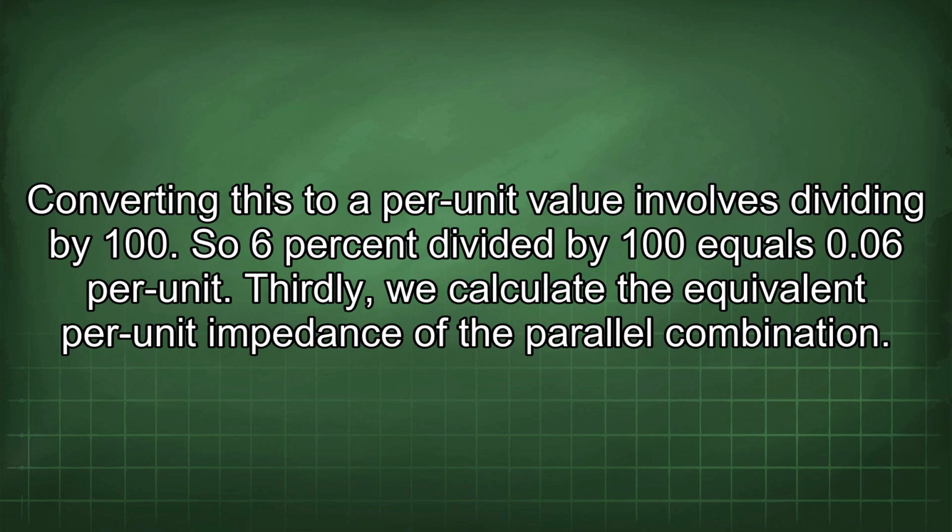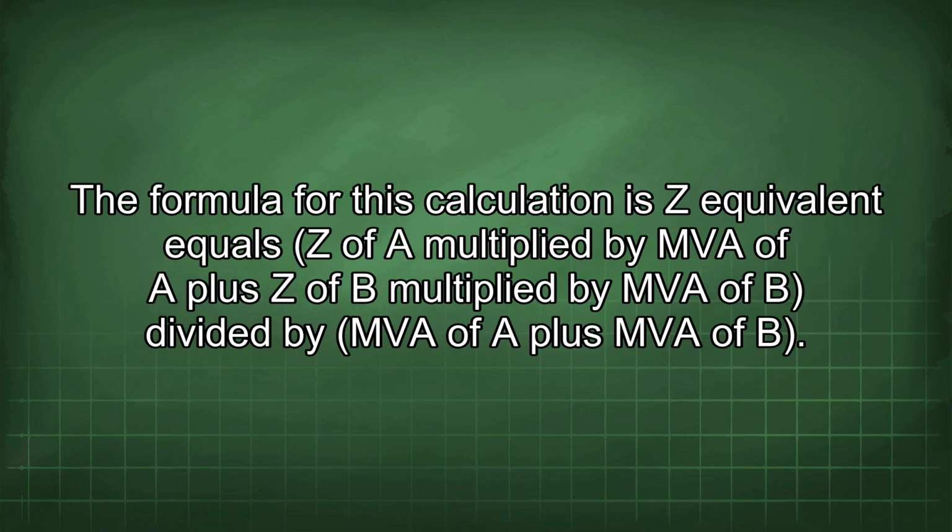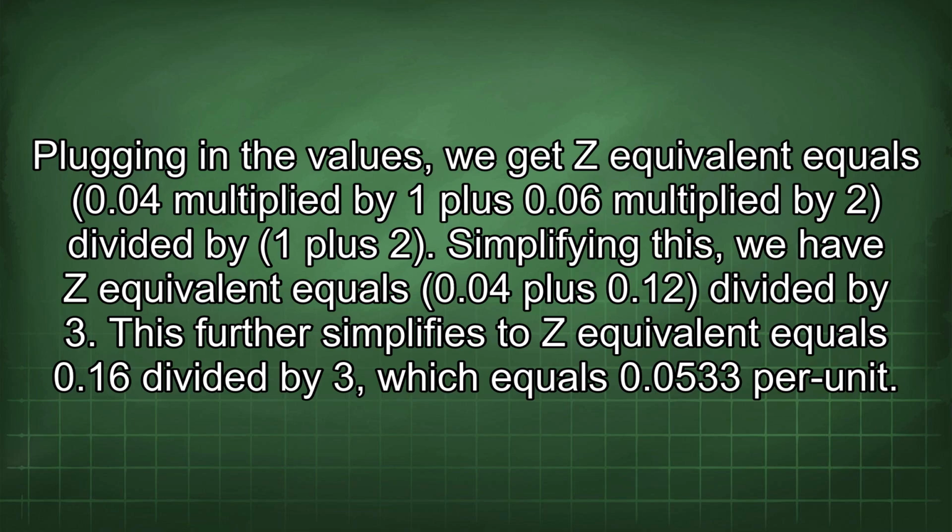Thirdly, we calculate the equivalent per unit impedance of the parallel combination. The formula for this calculation is Z equivalent equals Z of A multiplied by MVA of A plus Z of B multiplied by MVA of B, divided by MVA of A plus MVA of B. Plugging in the values, we get Z equivalent equals 0.4 multiplied by 1 plus 0.6 multiplied by 2, divided by 1 plus 2.